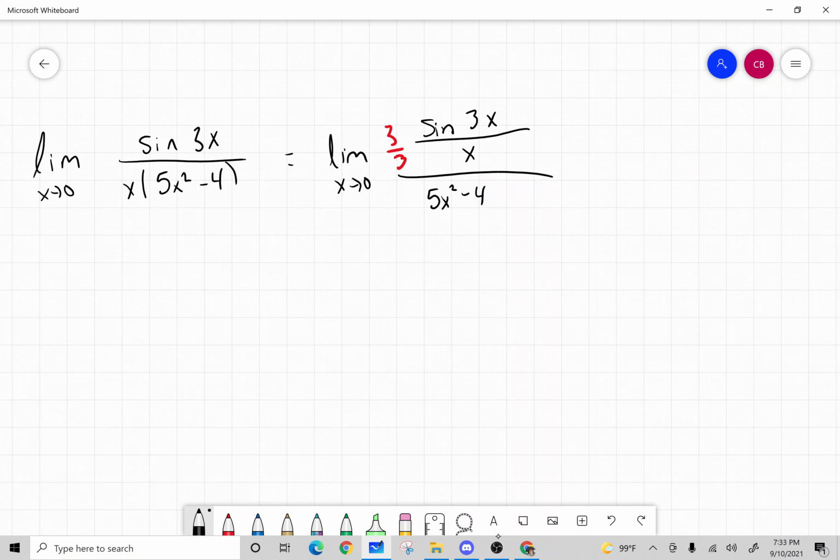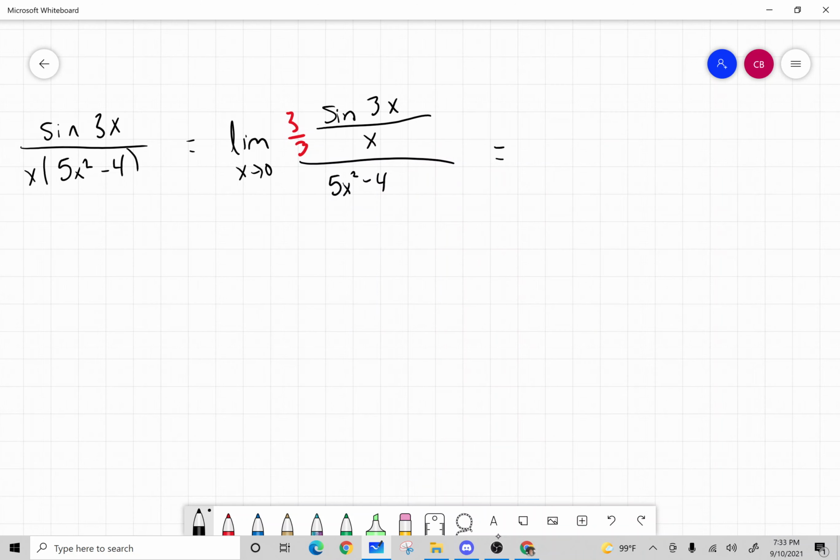And so what we have here is the limit as x approaches 0 of 3 sine 3x over 3x, in parentheses, over 5x squared minus 4.